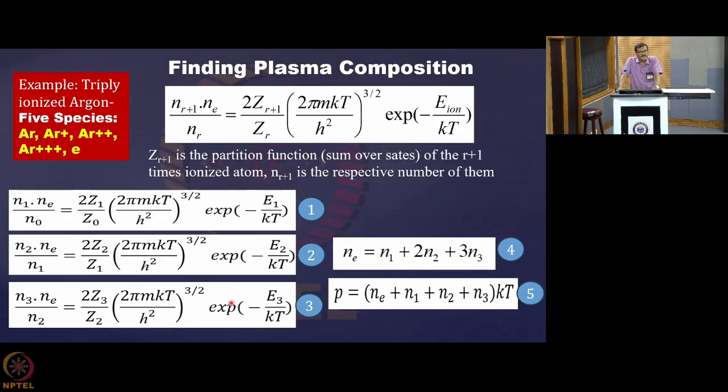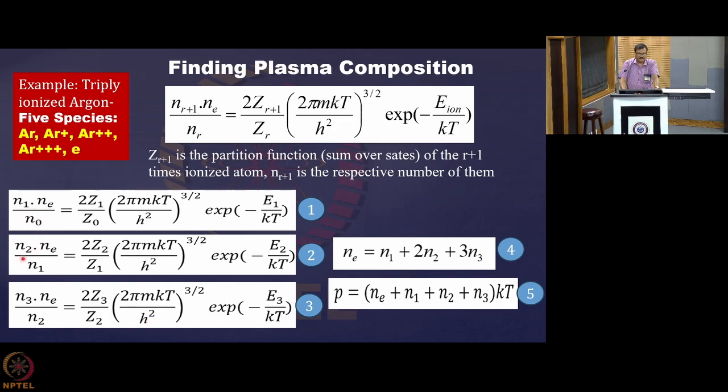So we explained in our class that for a 5 species system, for argon for example, we do have argon neutral, then argon first ion, then argon second ion, argon third ion, and electron. So how do we write that equation? That we explained very well over there. For the first ion, we are writing N1 Ne by N0.